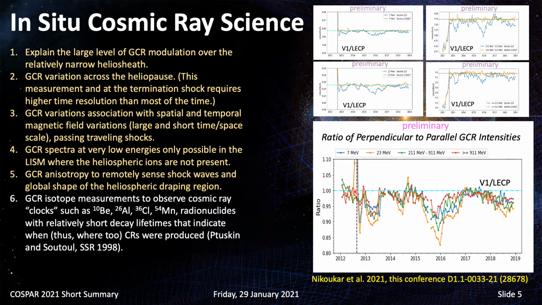And so what you can see here in this example is the ratio of the perpendicular to parallel GCR intensities. And what you can see is that the different colors here refer to different energies, and that the ratios, and thus the anisotropies, do have an energy dependence. We're going to use that to constrain which physical processes could be responsible for the anisotropy episodes.